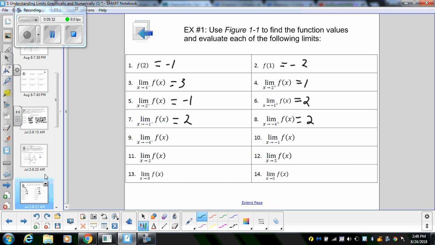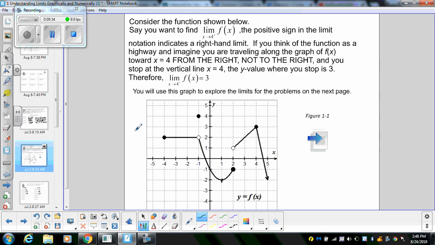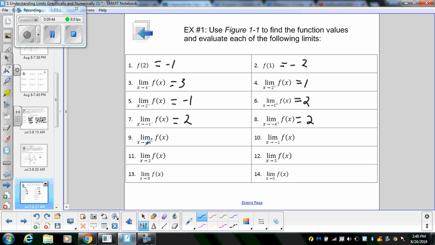All right, but if we look at it from the left side, is there anything that's coming towards the left side? And since there's no highway to drive on, the limit does not exist. All right, but let's look at negative 1, and we can look at it graphically, or we can just look from the left and right side.